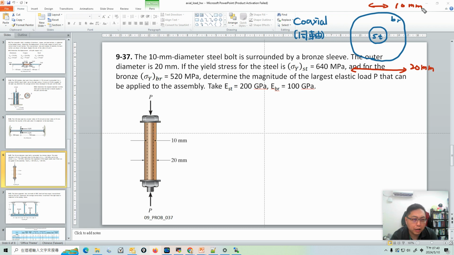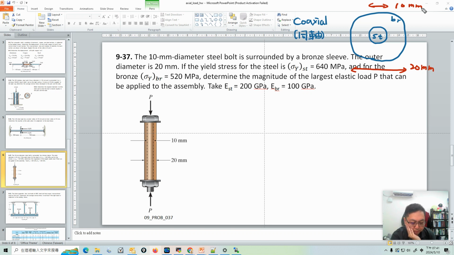It says to determine the largest magnitude of the external load P that can be applied to the assembly. He also gives you the elastic modulus of steel and the elastic modulus of bronze, 100 gigapascal. So the problem wants to find the magnitude of external load P.